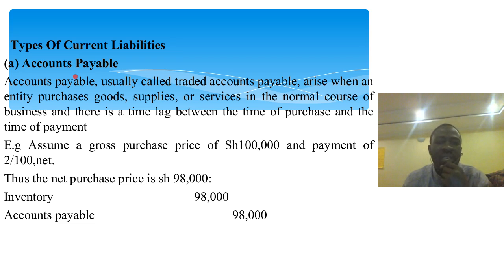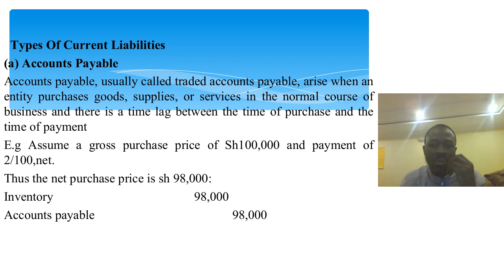In some books they are also referred to as trade accounts payable, and they usually arise when an entity purchases goods, supplies, or services in the normal course of business, and there is a time lag between the time of purchase and the time of payment. So you are allowed to pay for the items at a later date.